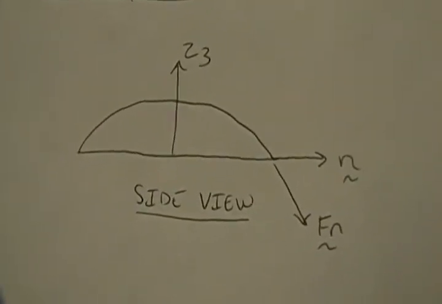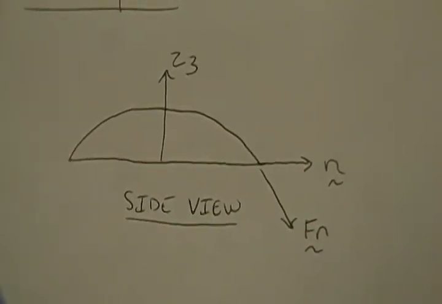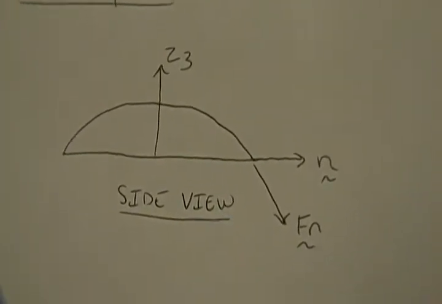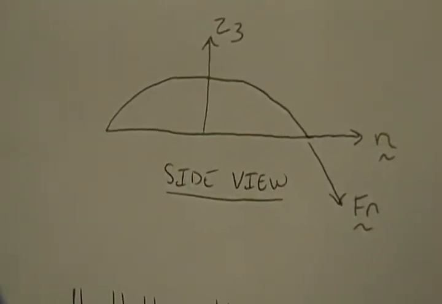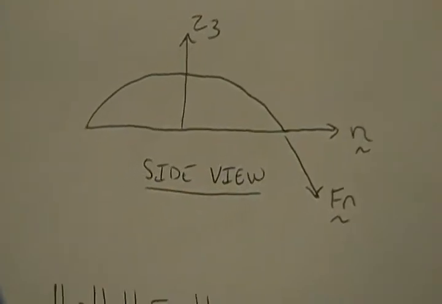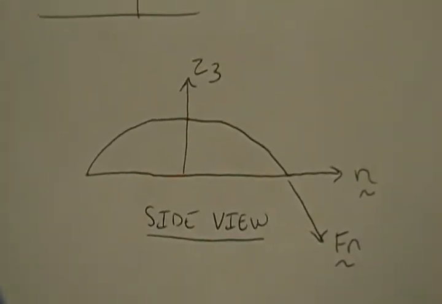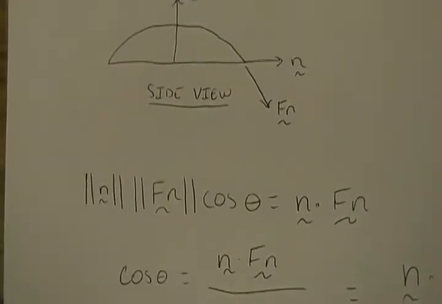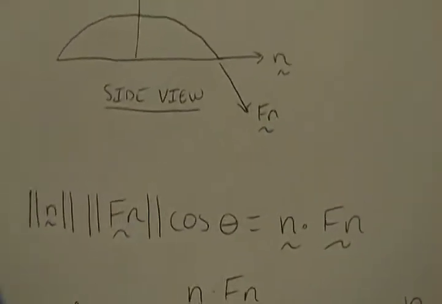You can see that the unit vector in the radial direction, n, is pointing off to the right, and Fn is pointing as a tangent to the slope at the edge of the circle of this deformed shape. The angle between those two vectors is the slope that we are looking for.